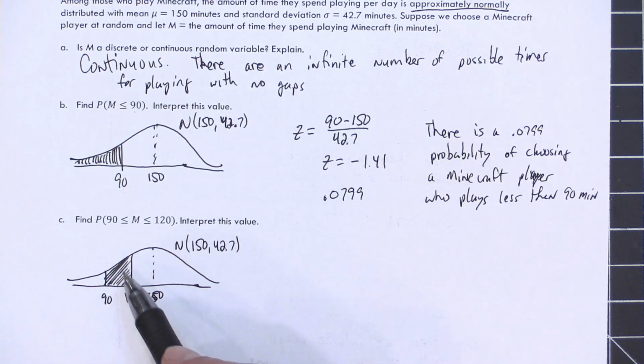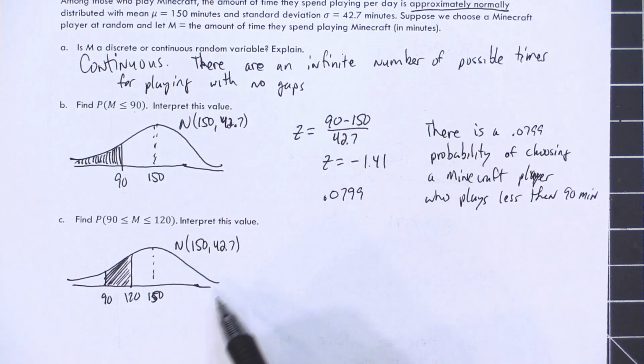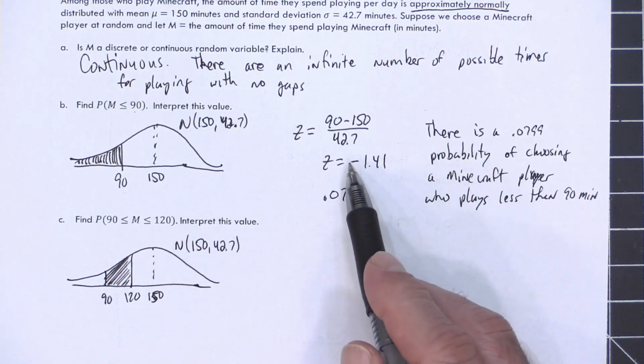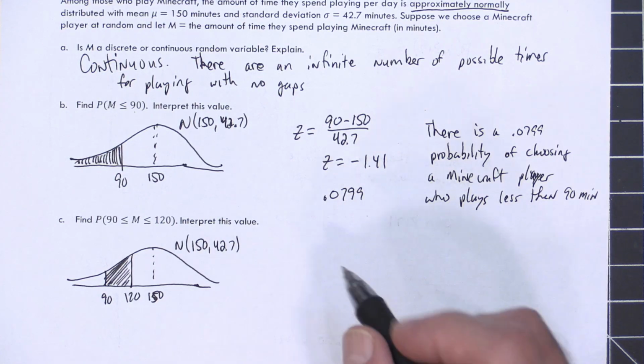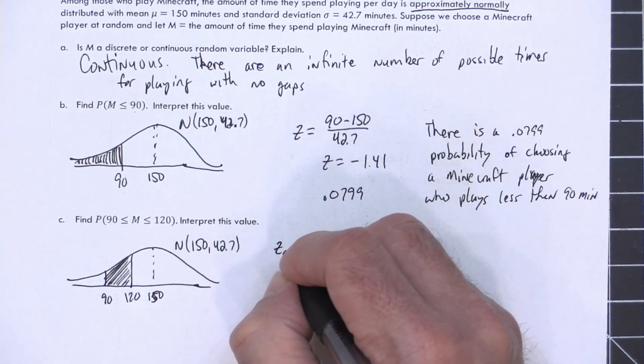So now I'm trying to find this area in between, right? Well, I already found the z-score for 90, right? That's negative 1.41. So I'm going to write that so I don't have to write it again.